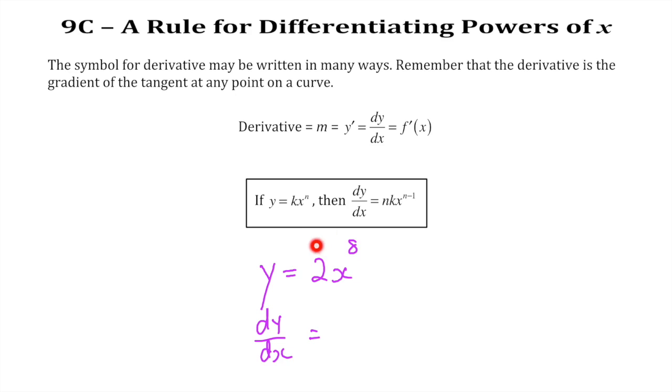So I take the 8 and I times it to the 2 out the front. 8 times 2 is 16. I put the x and decrease the power by 1. That's the derivative. That's the rule that will allow me to find the gradient.